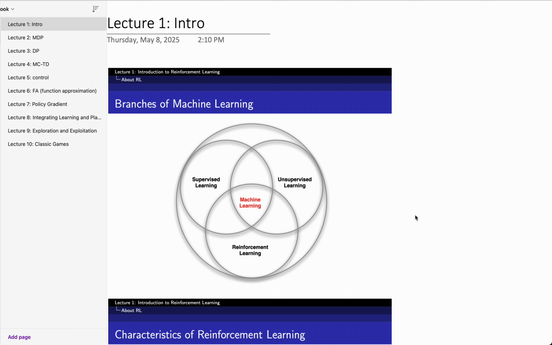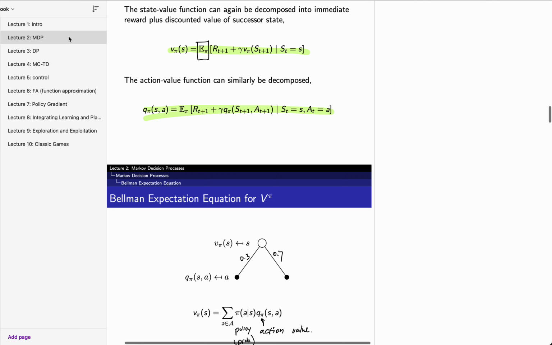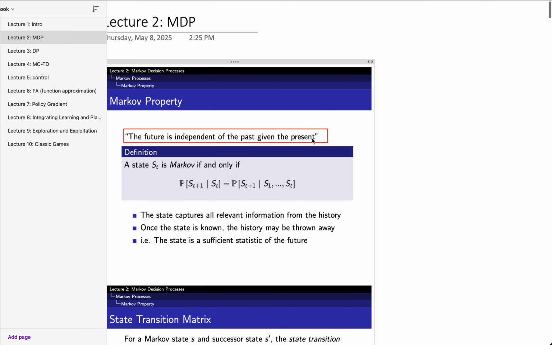I think David really did a good job introducing the basic concepts and all the foundational bricks of reinforcement learning throughout the 10 lectures. Starting from lecture one, he explained what reinforcement learning is, and then he explained the structure of reinforcement learning, which is a Markov decision process.